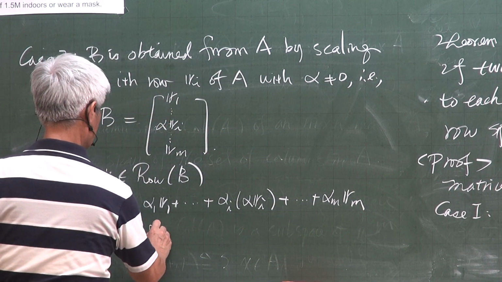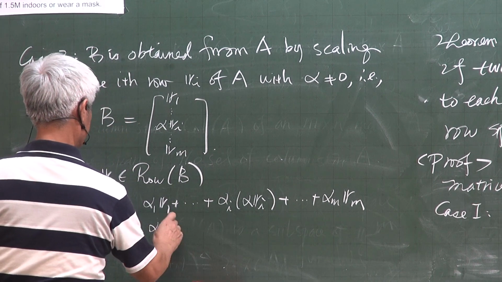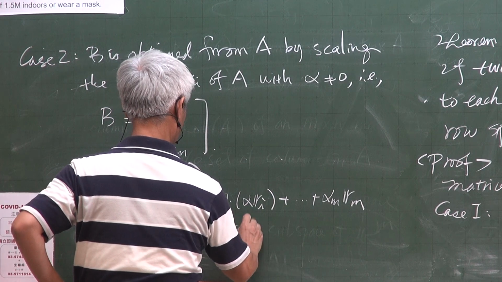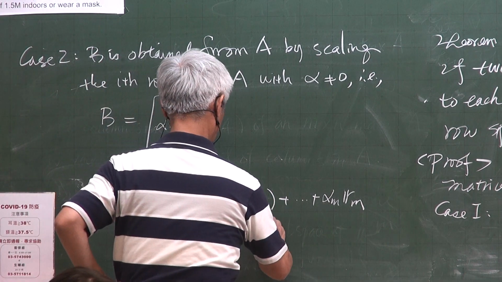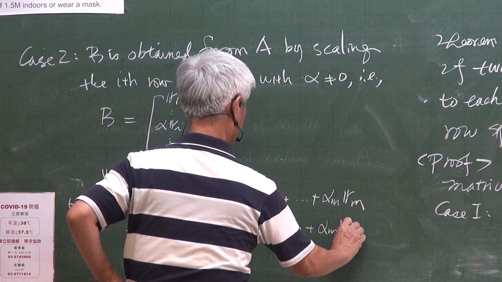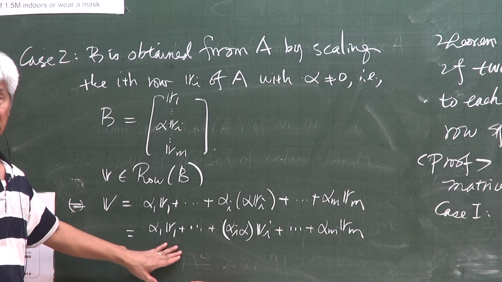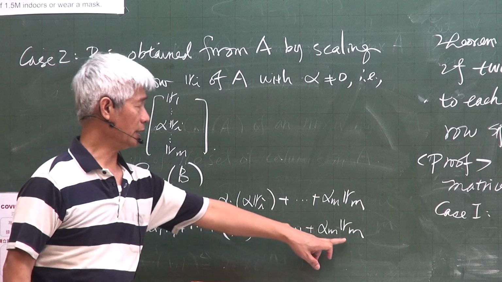Okay, and so this is alpha 1 R1 plus ... plus (alpha i alpha), by the associative law, Ri plus ... plus alpha m Rm. And look here, V is a linear combination of R1, R2, Ri up to Rm.